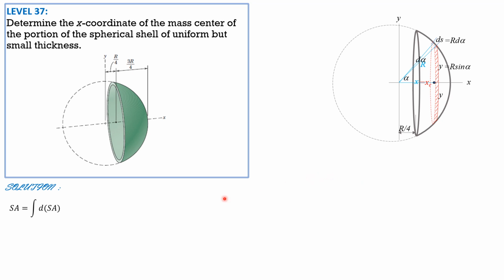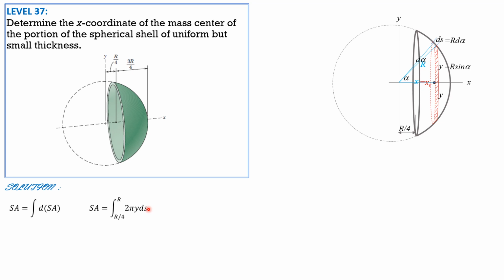So S sub a is the integral of differential surface area. The surface area is equal to the length of the element ds to be revolved about the x-axis, and the distance traveled by the centroid, or the circumference of this circular path, is 2 pi times y, or 2 pi times r sine alpha. So surface area equals integral from r over 4 to r of 2 pi, because we have one revolution, times y. This is the length of the path, times the differential length of the element ds.